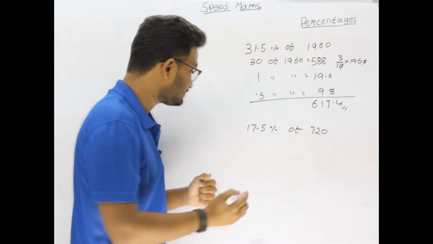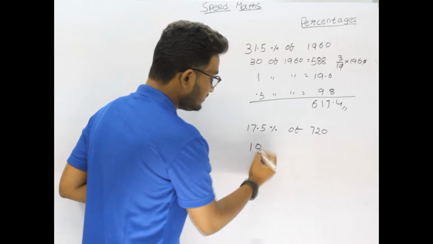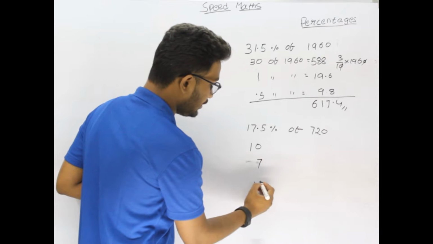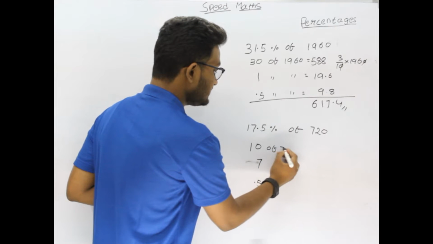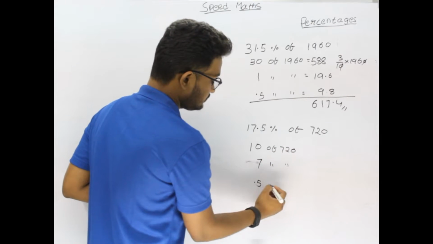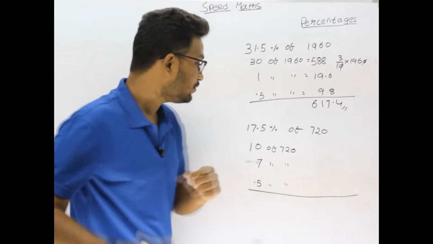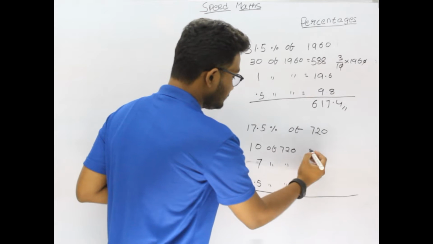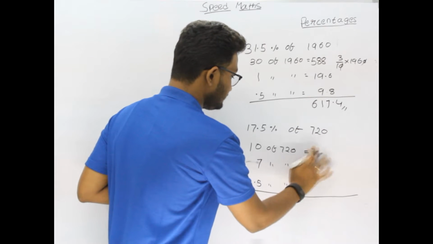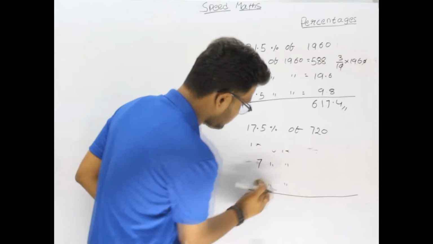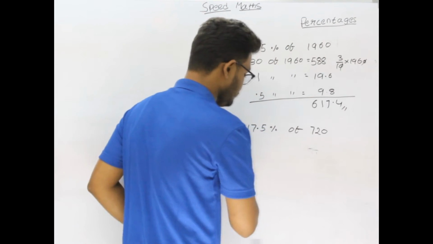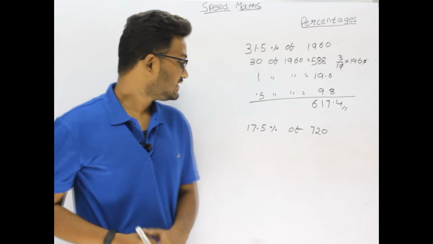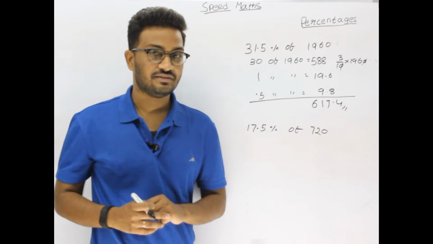Now let's see this example. Here we have to find 17.5% of 720.